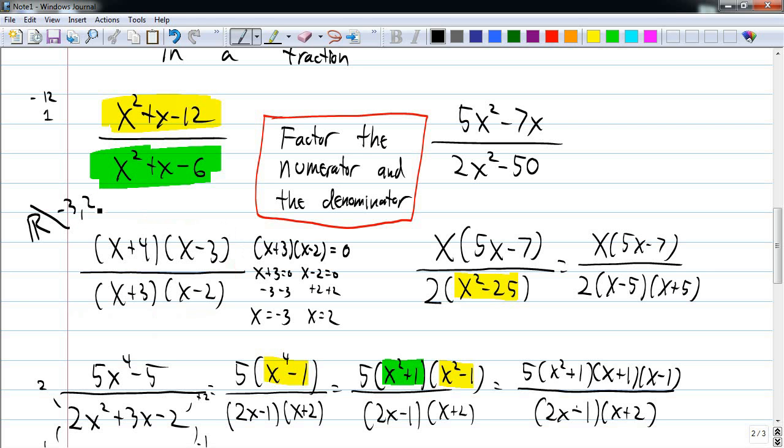Now, if you recall, the shortcut is to look at this number and take the opposite of it. And you can do that if you want, but be careful. Let's take a look at another one over here, looking at this denominator.